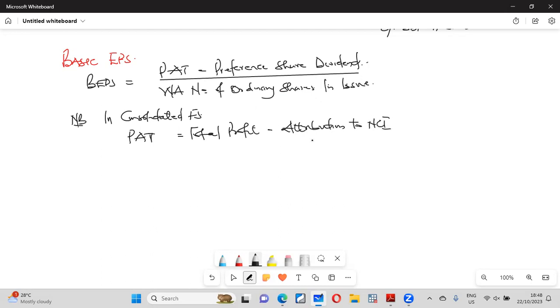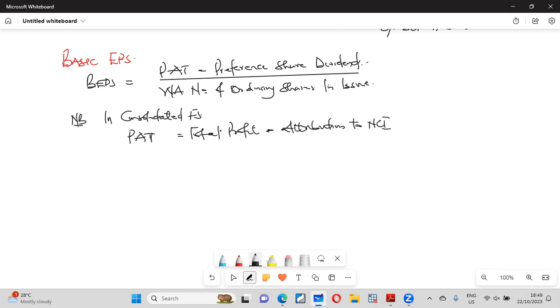So if you know your consolidation very well, you realize that when you're doing consolidated P&L, whatever figure you have, you share it between the NCI and the parent shareholders. That is what we do in consolidated P&L. So what you will need is that the profit after tax will be the one that is attributable to the parent shareholders. So that is what you apply.